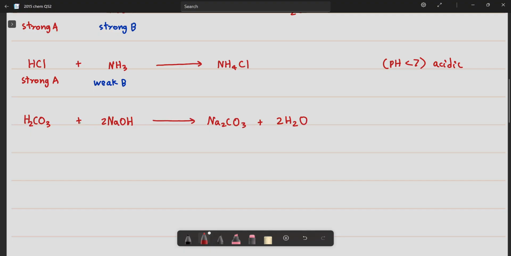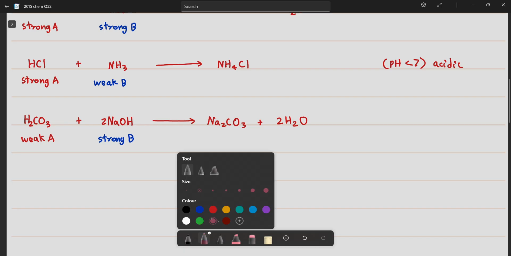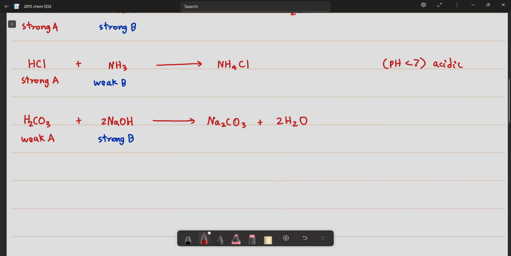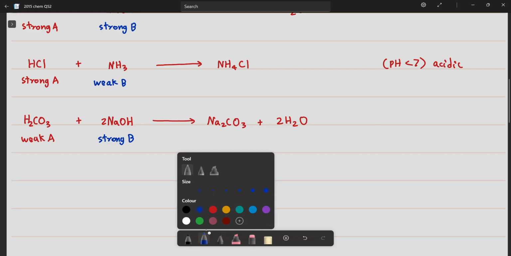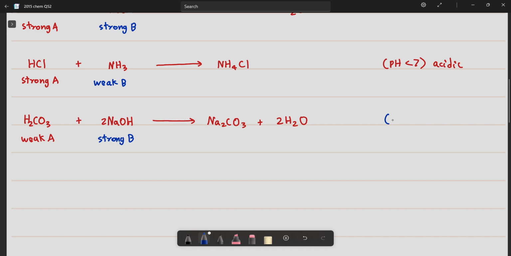Now we can predict that carbonic acid is a weak acid, and sodium hydroxide is a strong base. So the pH of the resultant solution formed by this salt will be a basic solution, pH more than 7. So this is going to be basic.